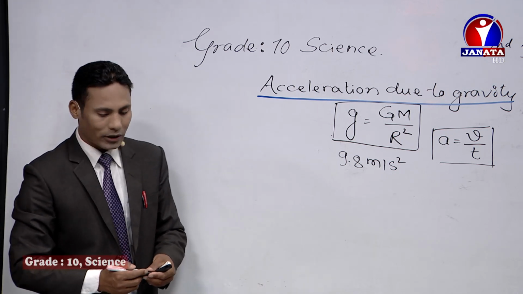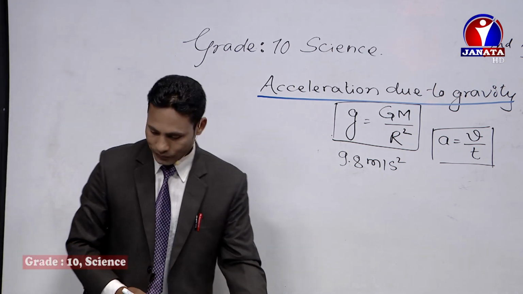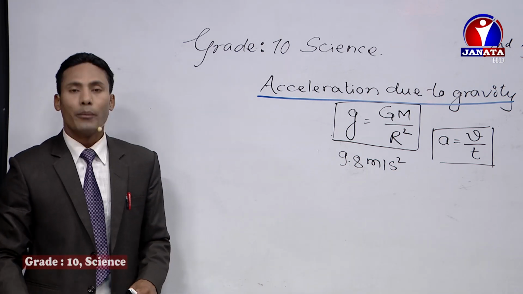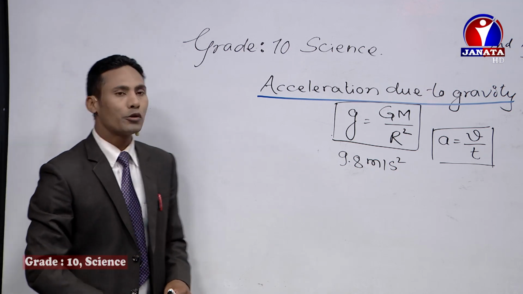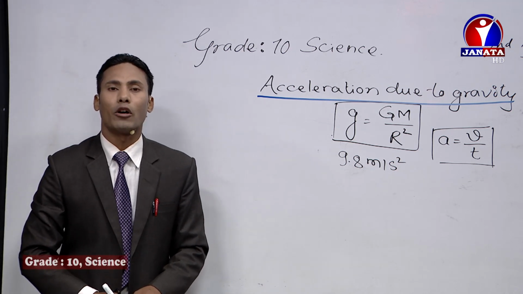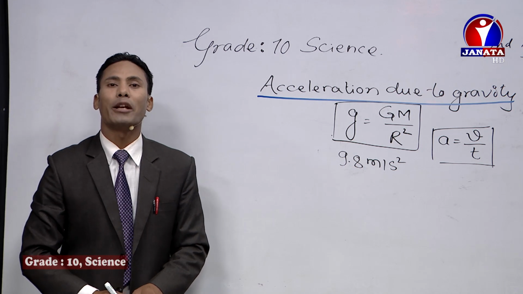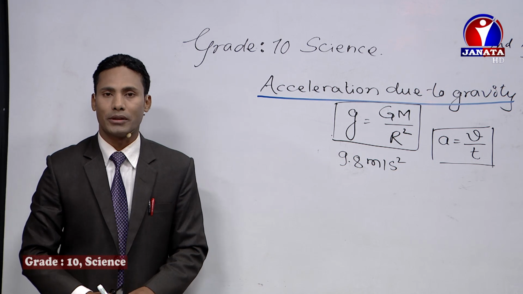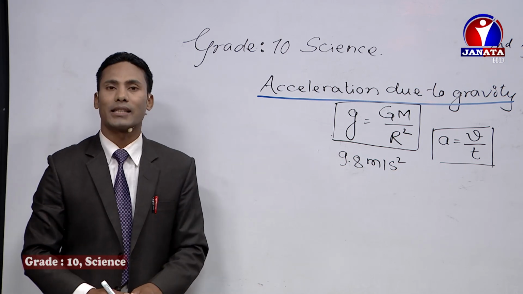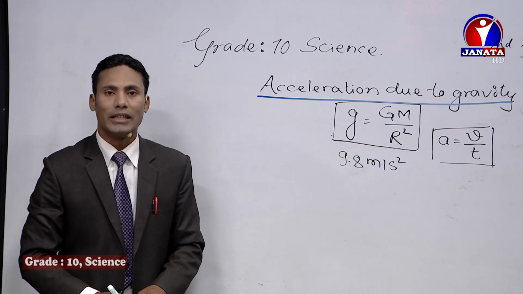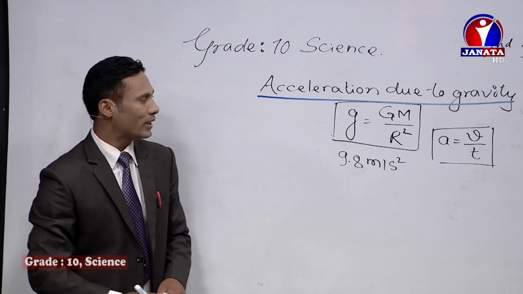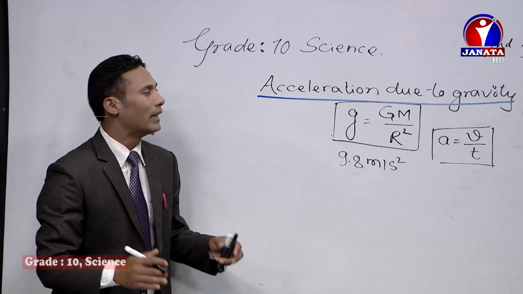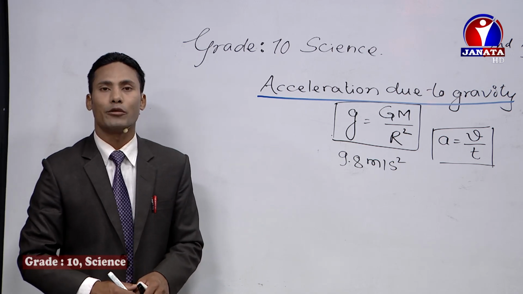Now this acceleration due to gravity is produced on the freely falling object. Previously, people used to believe that the acceleration of freely falling objects depends upon the mass. Aristotle was the person who believed that. That means the bigger the mass, the more the acceleration, and the smaller the mass, the less the acceleration.